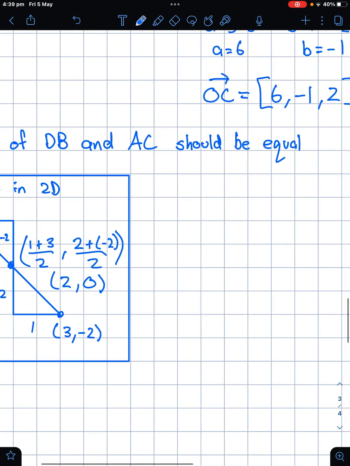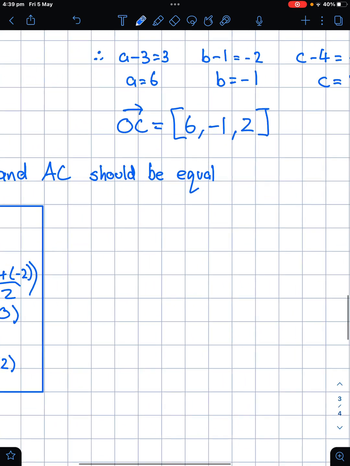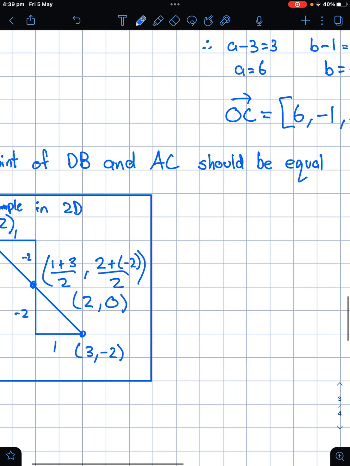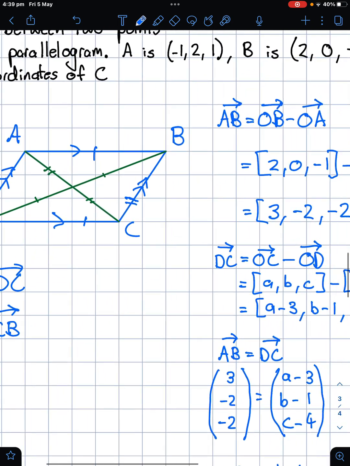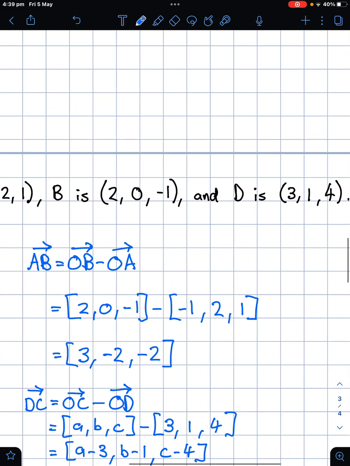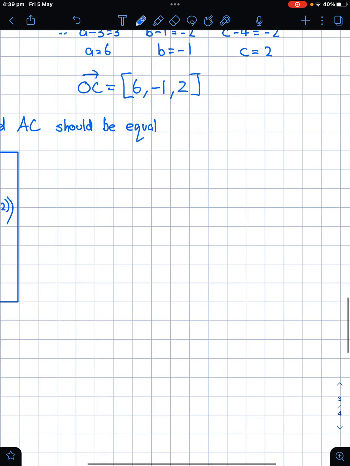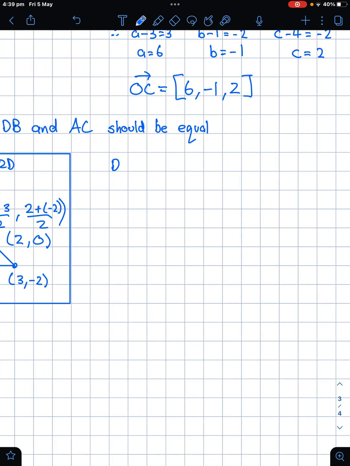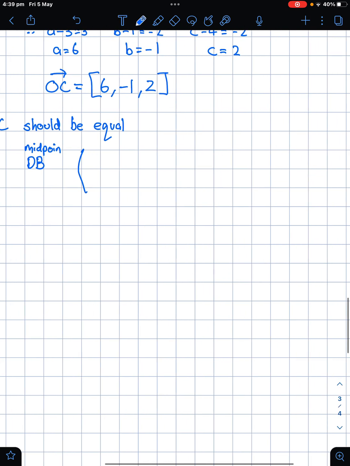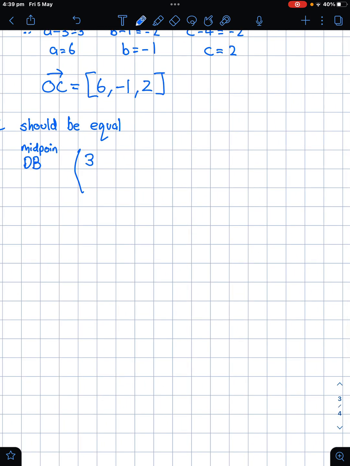Anyway, the point I bring up now is we can use our coordinates of AC and DB to work these out. So if we have those coordinates, which we do up here, we can use them to work this out. So let's go DB midpoint, and that will be the coordinates of D, which we've got. So we've got 3, 1, and 4.